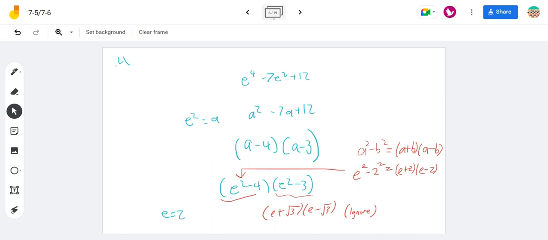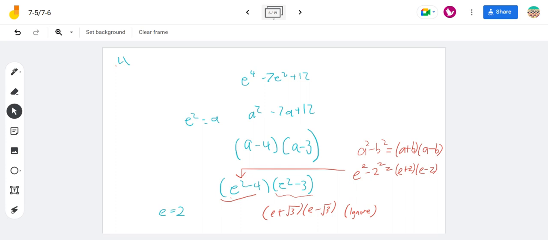Okay, and then for slide number 6, the final answer should be, e equals to 2.